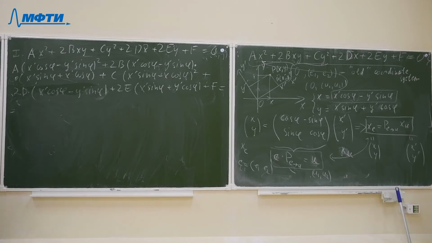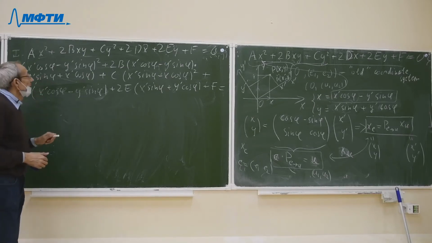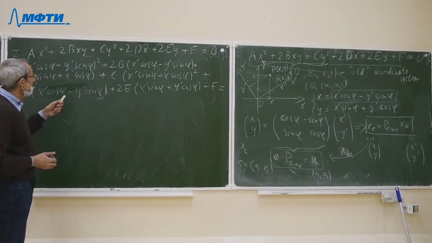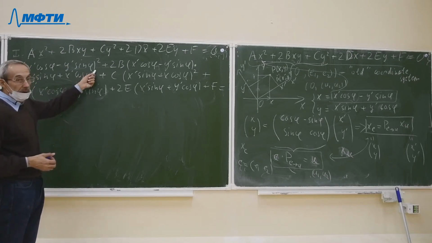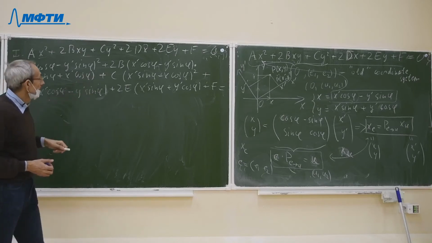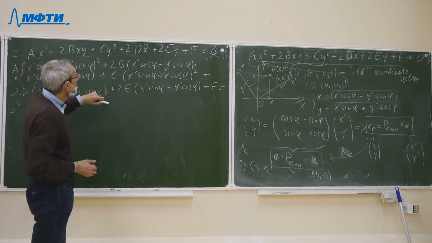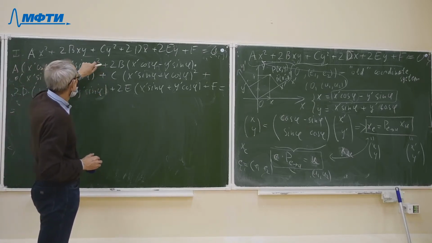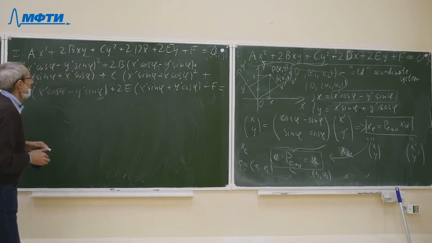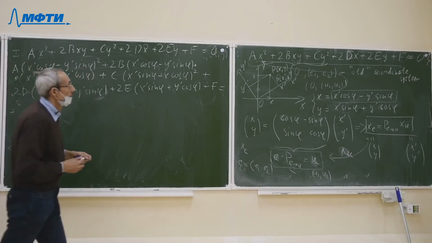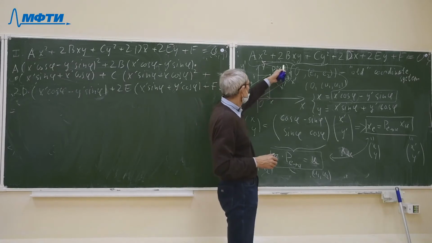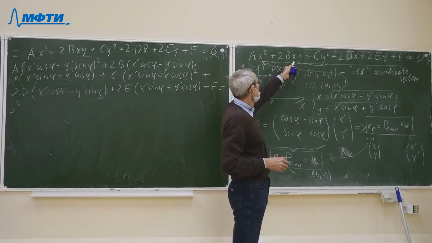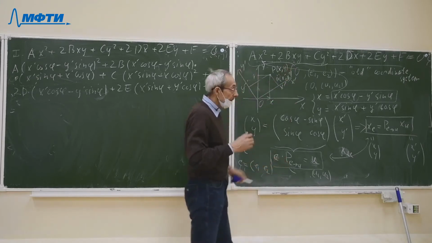I need only the expression which contains only second degree terms, and claim to kill the coefficient, the coefficient of the term, the product x prime and y prime.